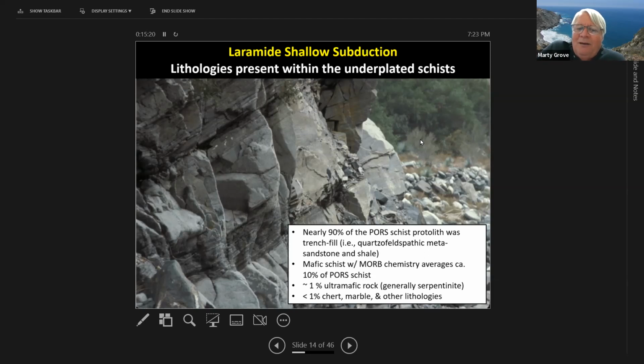There's approximately 10% of this material that appears to have mid-oceanic ridge basalt chemistry. There's a little bit of serpentinite. Usually it's highly silicified, and actinolite schists are common where you find the silicified serpentinite. And there's a smidgen of chert, marbles, and other lithologies that are generally associated with the mafic rocks.